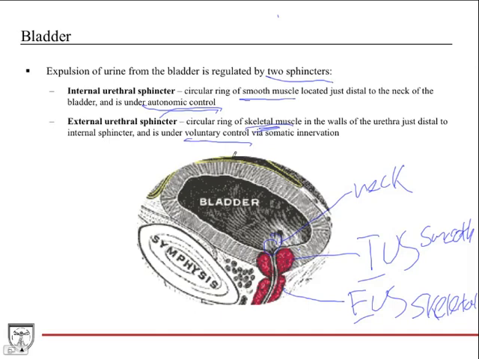When you decide, I'm going to hold it, this external urethral sphincter is what helps you do that, and it's under conscious, somatic innervation to the skeletal muscle within this sphincter. So again, internal urethral sphincter: smooth muscle, ANS control. External urethral sphincter: skeletal muscle, somatic innervation.